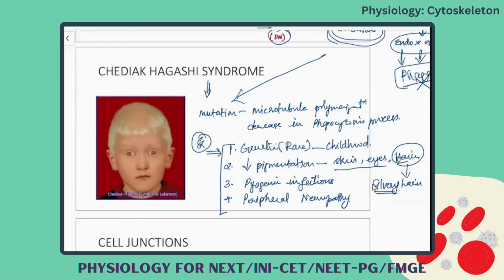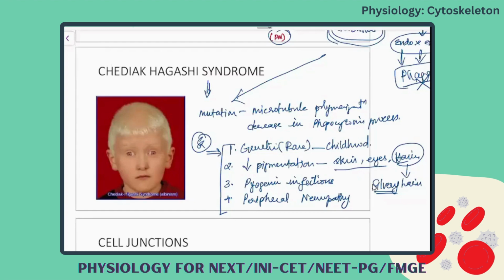If the microtubule structure is mutated, there is no exocytosis or endocytosis, resulting in decreased phagocytosis. So foreign bodies, foreign substances, or debris cannot be removed from our body and remain accumulated. It also causes a defect in the pigmentation mechanism.